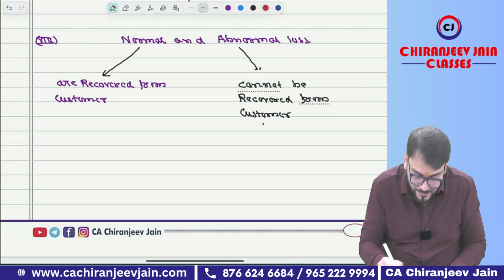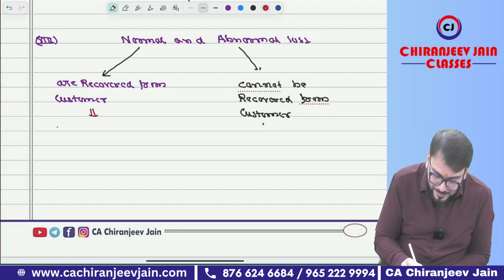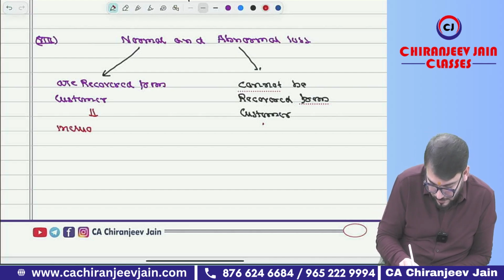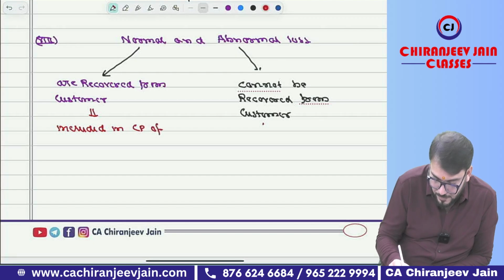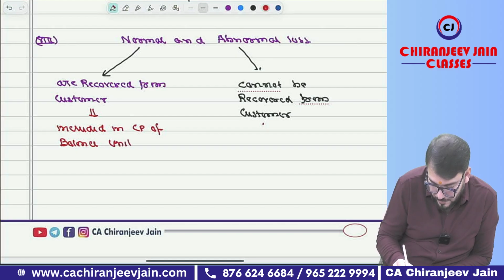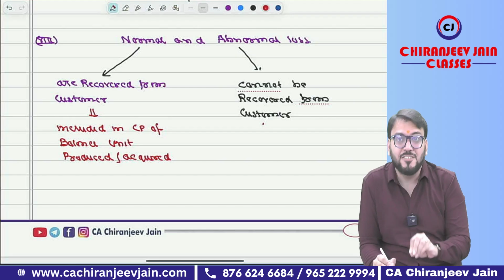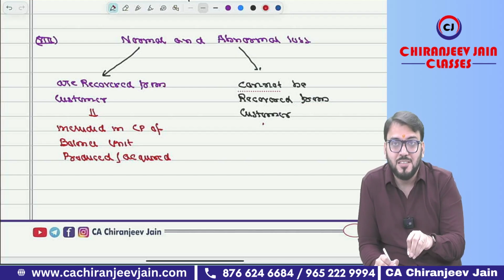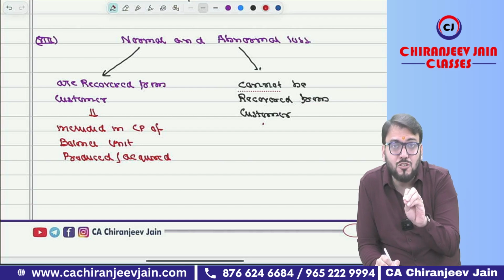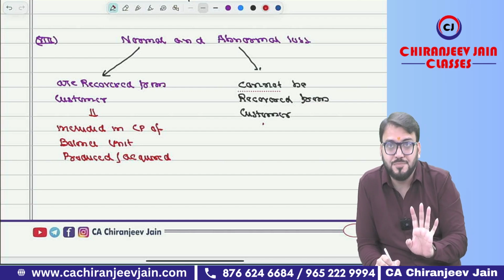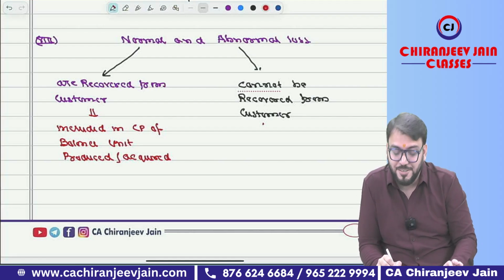It means it will be included in the cost price of balance unit produced or acquired. Means either you are doing trading or manufacturing business. So if you are doing manufacturing, you are producing. So any cost of normal loss will be spread on the balance unit. Balance unit can be produced or it can be acquired.